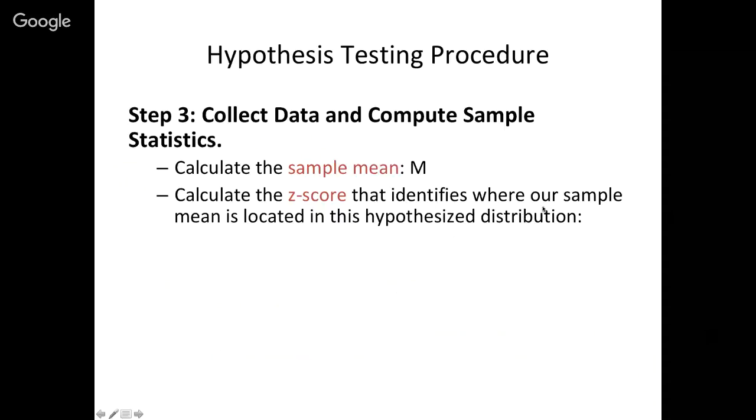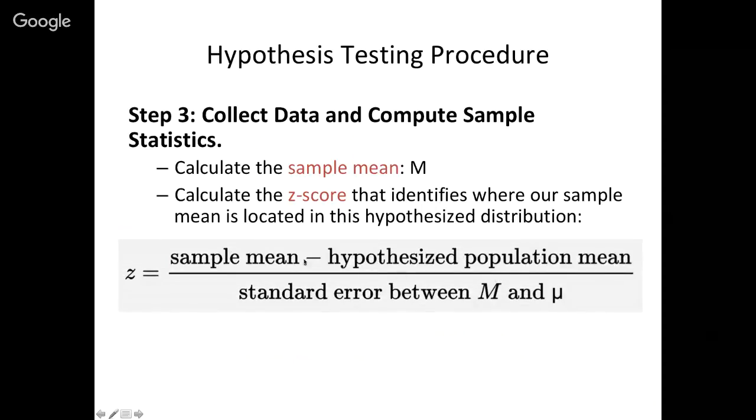That identifies where our sample mean is located in the hypothesis distribution. Just use the sample mean minus the population mean divided by the standard error of the mean. Here we divide by the standard error because we are dealing with the distribution of sample means, not the distribution of scores.